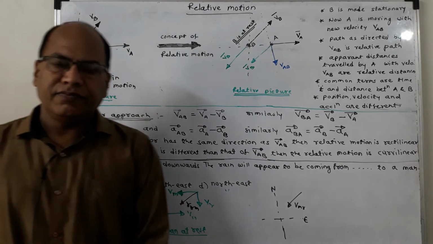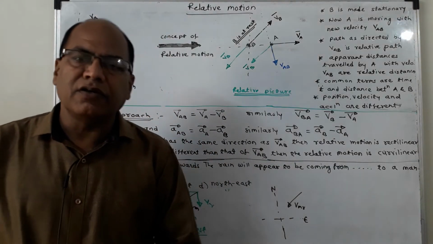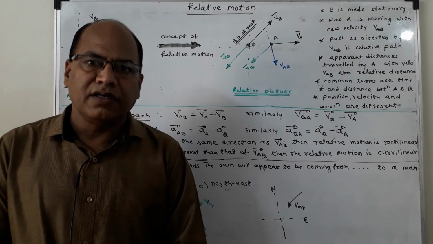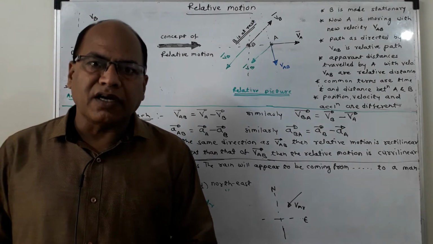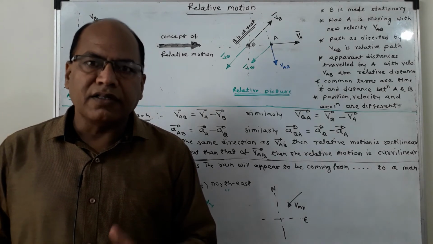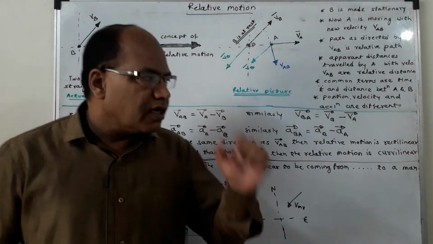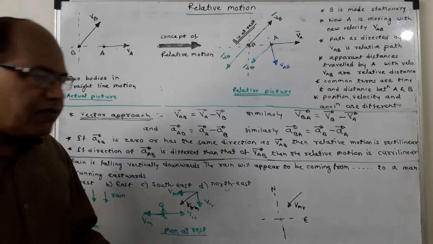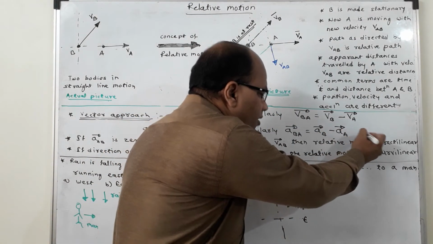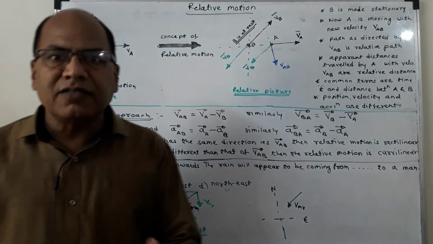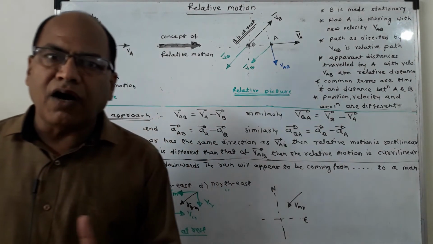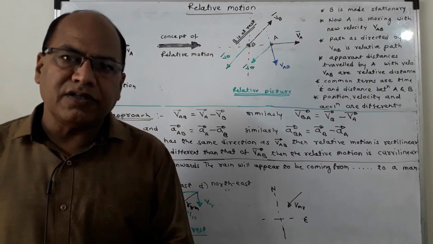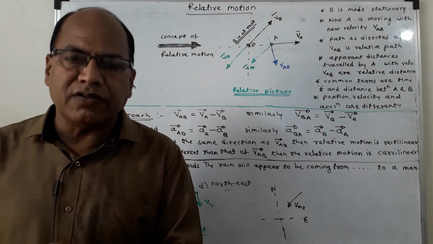But again, we know that velocity is a vector quantity. Acceleration is also a vector quantity, and the vector approach can also be used to get the relative velocity. So I am going for the vector approach. Every velocity, say velocity VA, can be expressed as Vx i plus Vy j, where Vx is the x component of velocity and Vy is the y component of velocity.